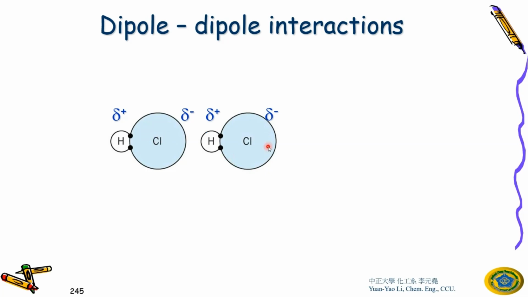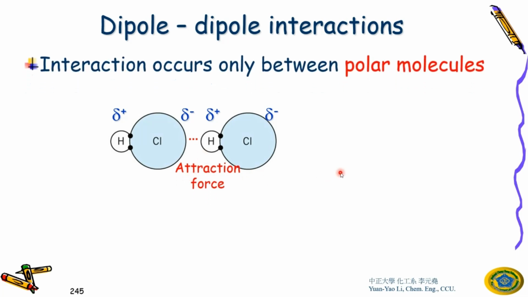What happens to these two molecules? Interaction, right? They make a secondary bond, which we call van der Waals bond. Between each other there is an attraction force, and if you have force with distance, you make energy. So interaction occurs only between polar molecules. This is called dipole interaction.